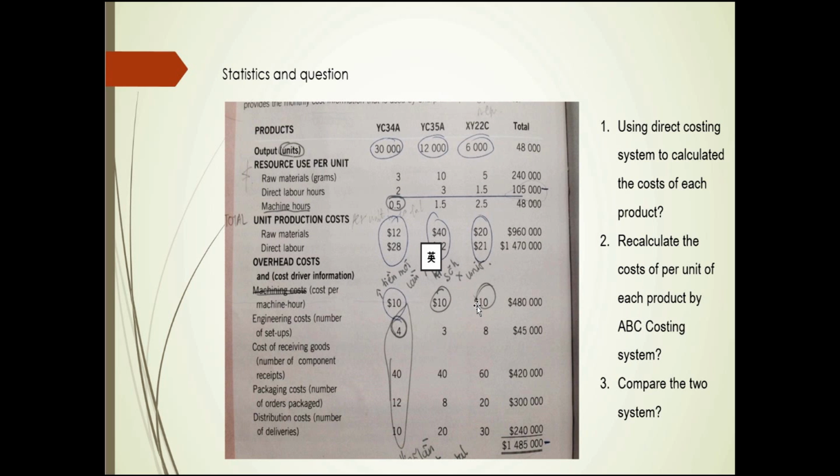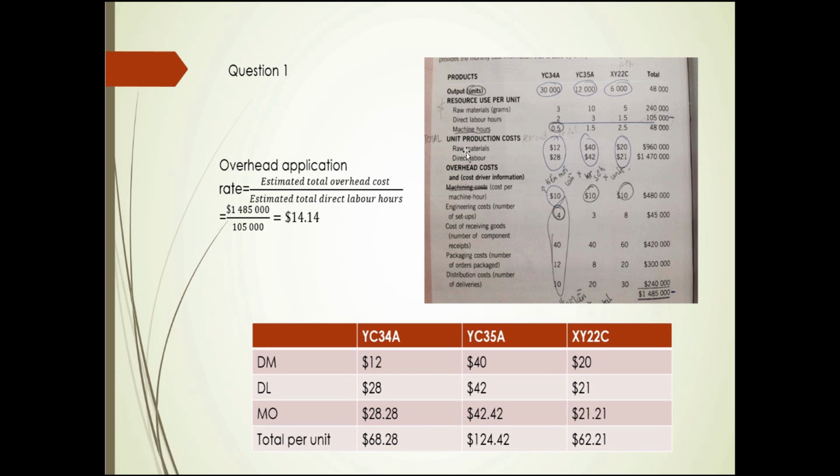Question 1: using the direct costing approach to calculate the costs of each product. Firstly, we need to calculate the overhead application rate. This is the cost statistics about the firm.